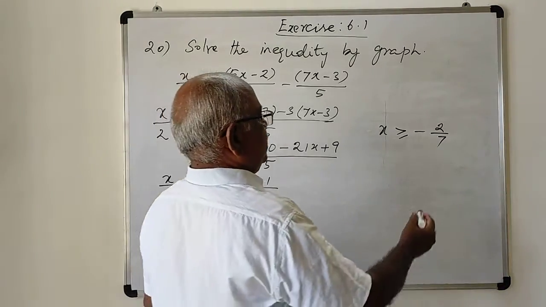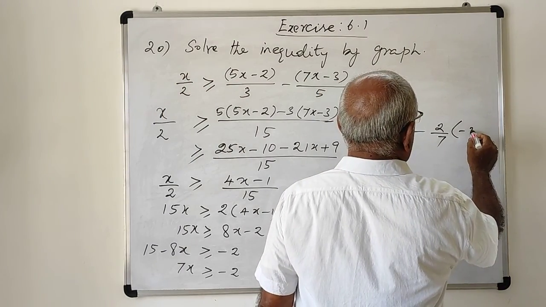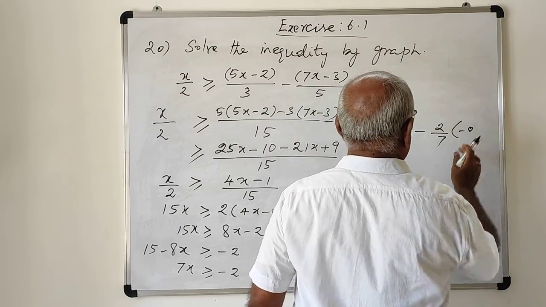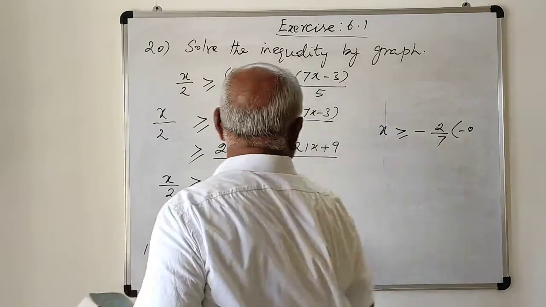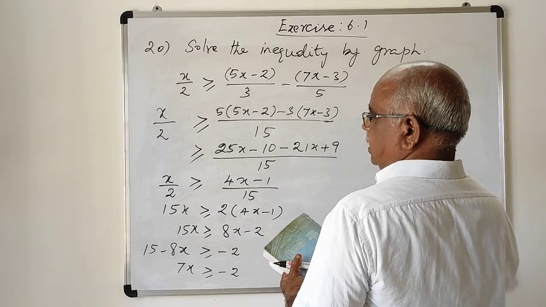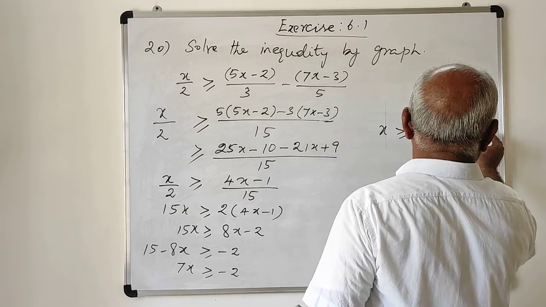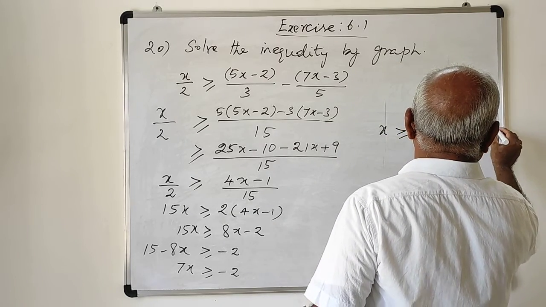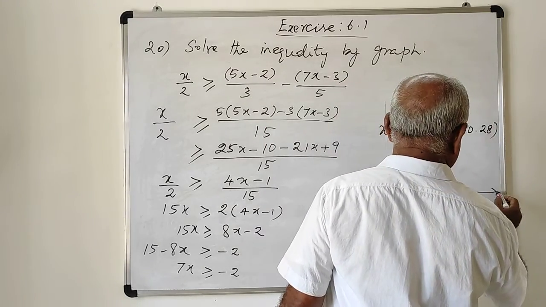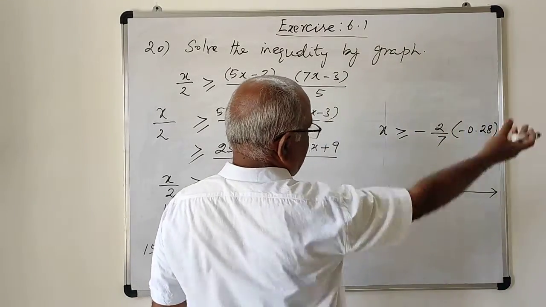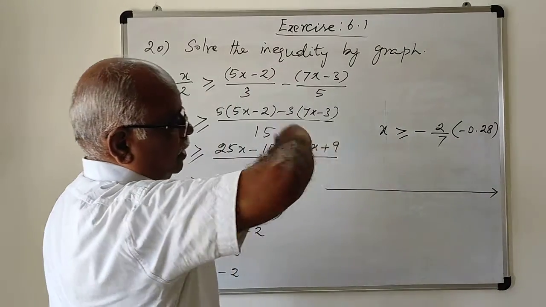Minus 2 by 7 is nearly minus 0.28. In decimal notation, minus 2 by 7 is minus 0.28. So in the graphical representation, a greater than value is on the right hand side, on the positive side.